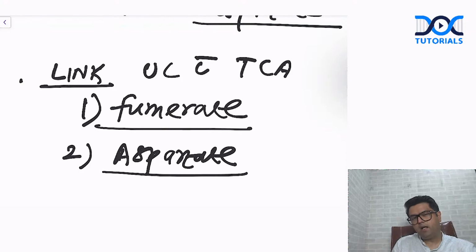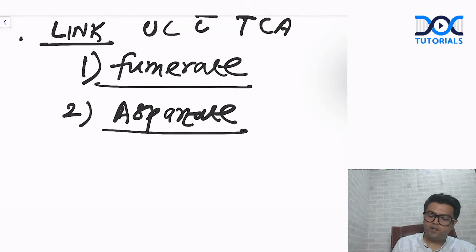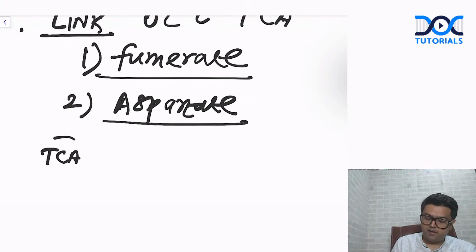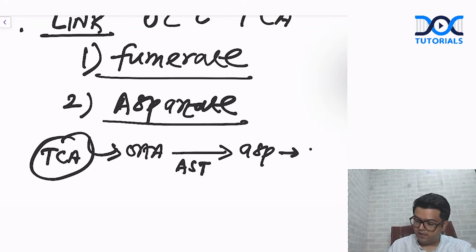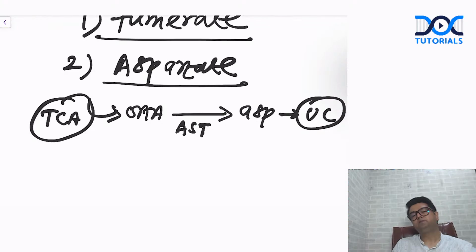If somebody asks you the name of the amino acid linking urea and Krebs cycle, the answer is aspartate. Why? Because in the Krebs cycle, when I have oxaloacetate, this oxaloacetate can be used by AST to generate aspartate, and this can go to the urea cycle. Or I can reverse it also from the urea cycle.